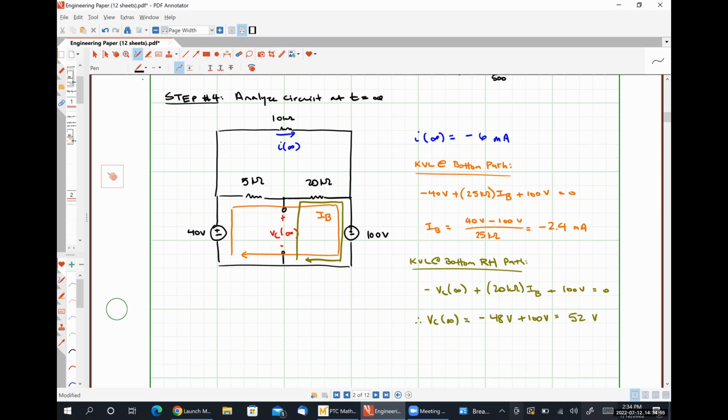does anybody have any questions about the analysis that we did here at t is equal to infinity? Shouldn't it be positive? Please clarify what it is.